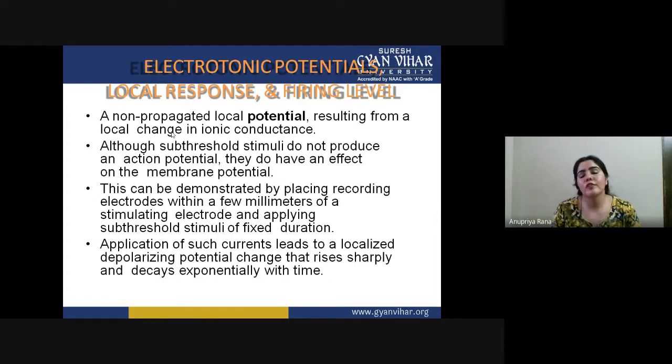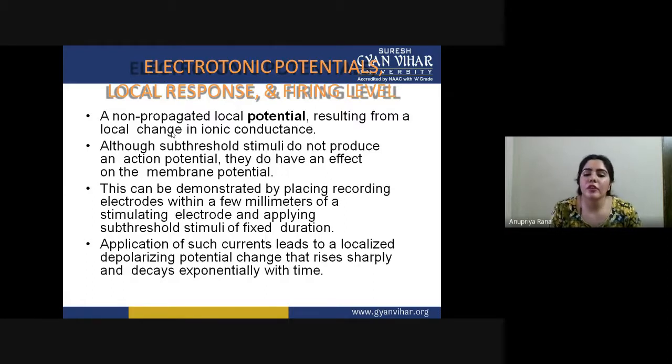If you want to see it practically, place electrodes within a gap of a few millimeters, and pass a subthreshold stimulus. You will see that there is no rise in an action potential.